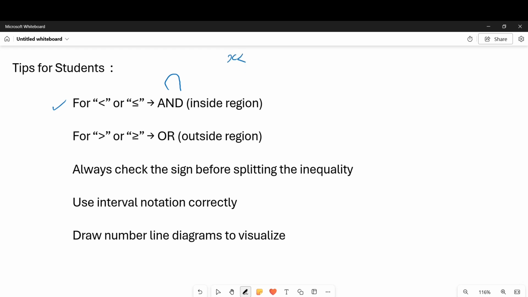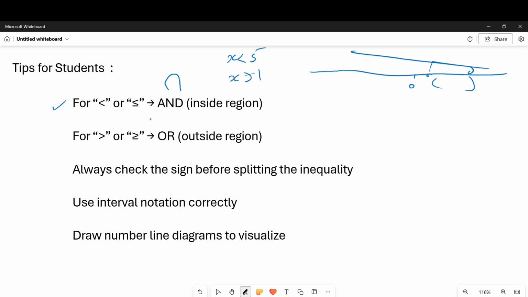If x is less than 5, applying this on a number line, it might look like this. There is an overlapping region, and we take this region, which is the intersection of two intervals.